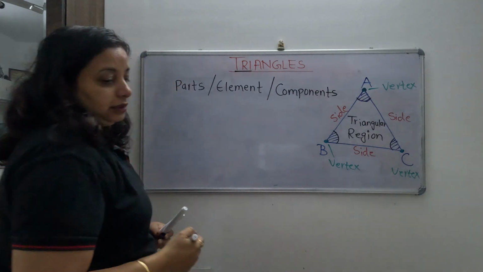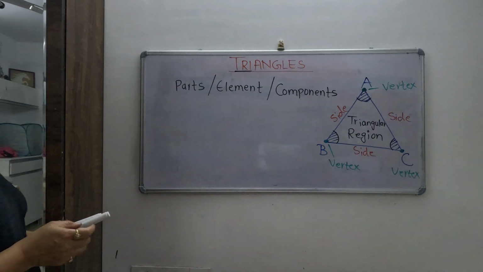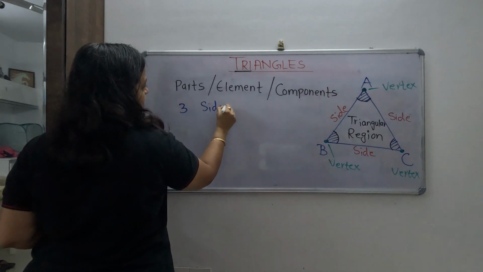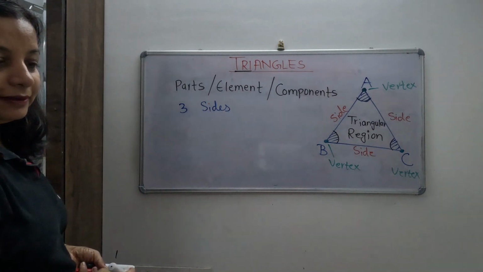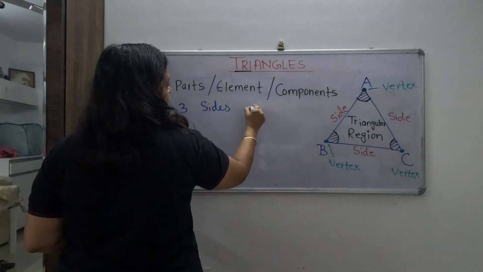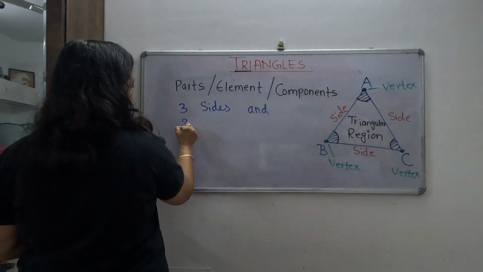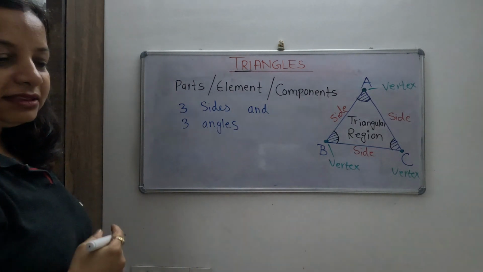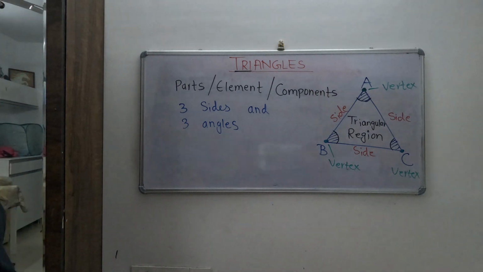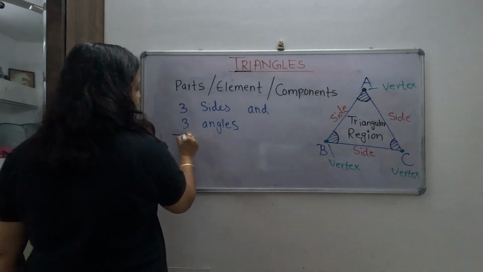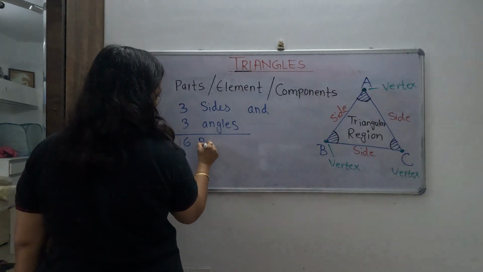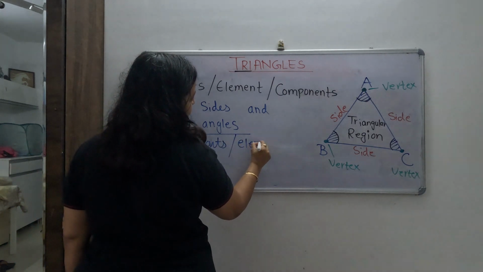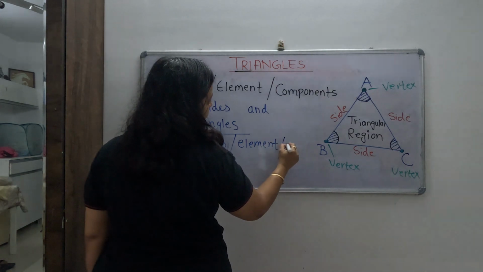So always remember the three sides and three angles of a triangle are called six parts, six elements, or six components.